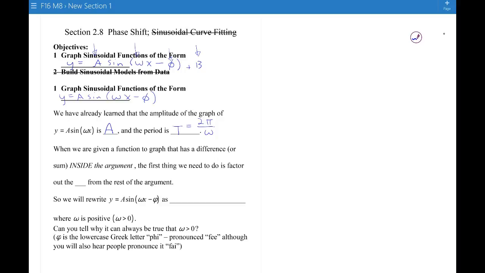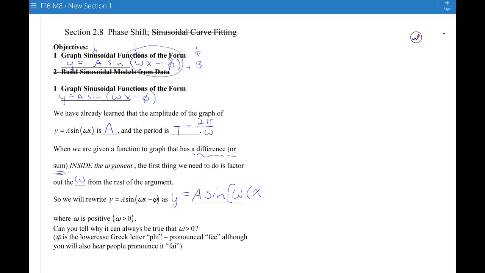But if we're given a function that has a difference or a sum, but see the basic form is with a difference, inside the argument, the first thing we need to do is factor out the omega from the rest of the argument. So we'll rewrite y equals A sine of (omega x minus phi) as y equals A sine, factor out the omega.